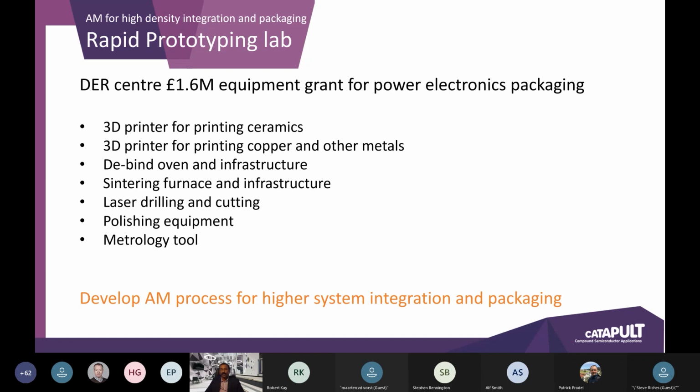The purpose of this center is to develop advanced manufacturing processes for higher system integration and packaging. So I would like to invite you to join us for any collaborative activities where we can all together help produce the next generation packaging technology using additive manufacturing.